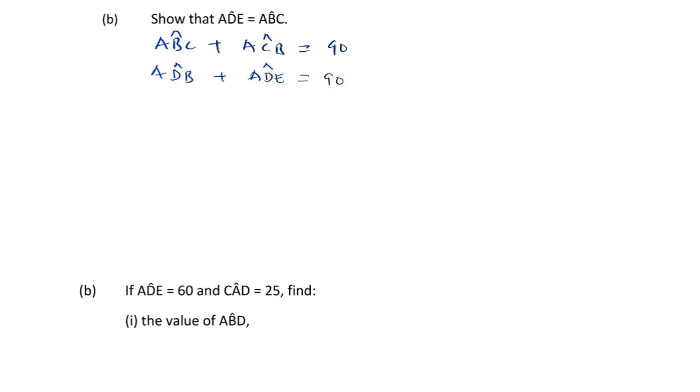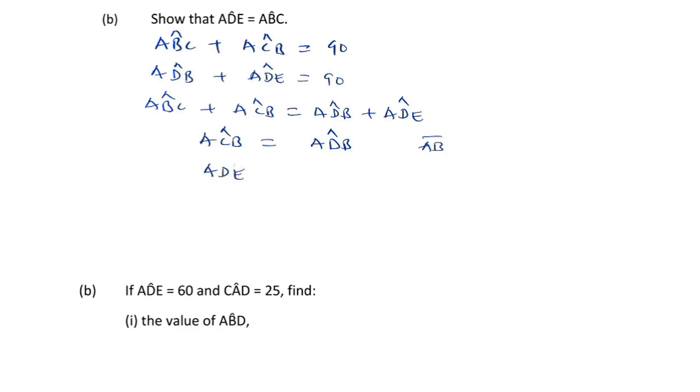This implies angle ABC plus angle ACB equals angle ADB plus angle ADE. But angle ACB equals angle ADB because they are both formed with the same segment AB. Then angle ADE equals angle ABC. Therefore, this is shown.